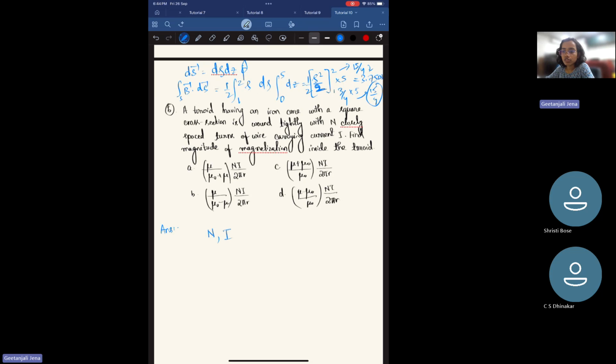So for magnetization, we need the information about B and H, right? Because if you recall, B by mu naught is H plus M, right?